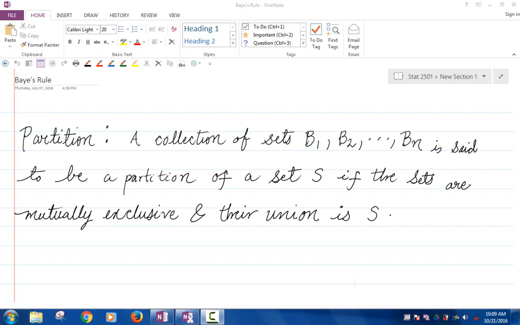But this definition works generally for any collection of sets and a big set S.